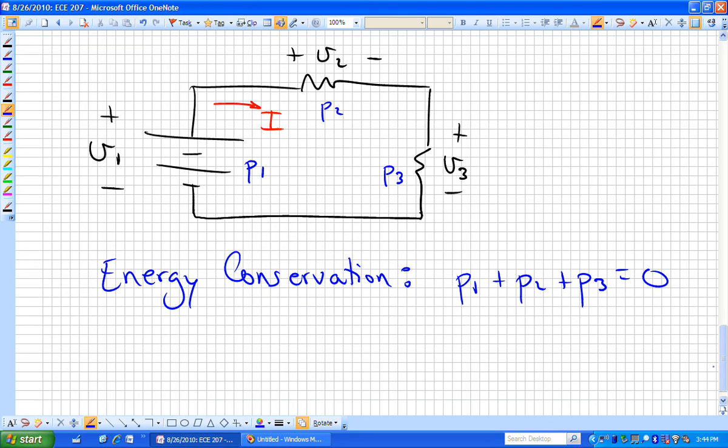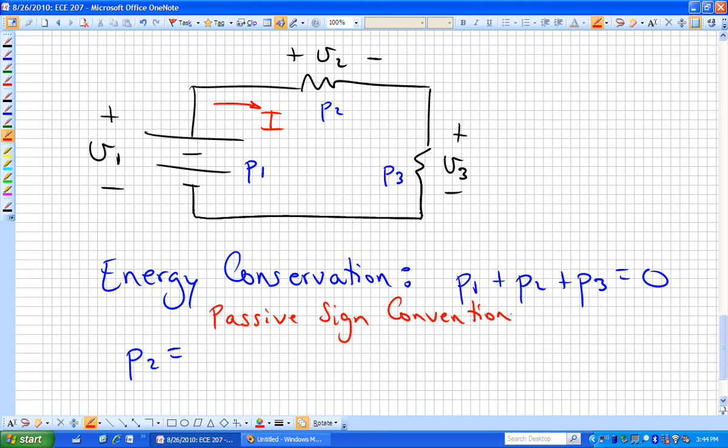Now we need to find what those are. Let's start with the easy ones, which are the powers associated with the resistors. In this course, we are going to be using the passive sign convention, which means that if we have a current flowing into the positive terminal, that's going to be a positive power.